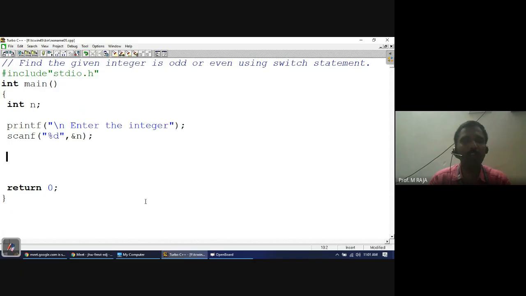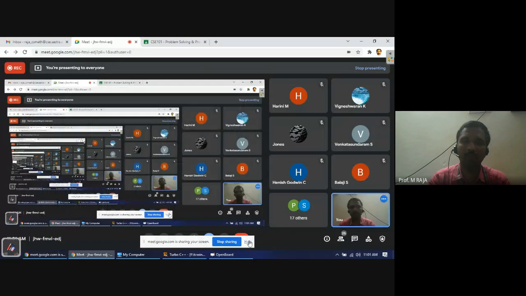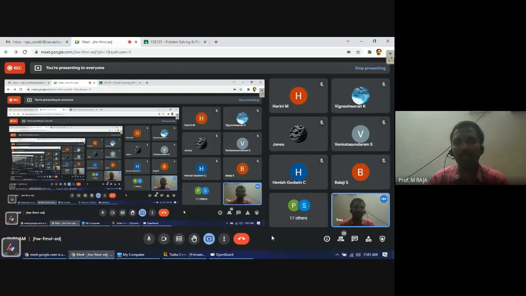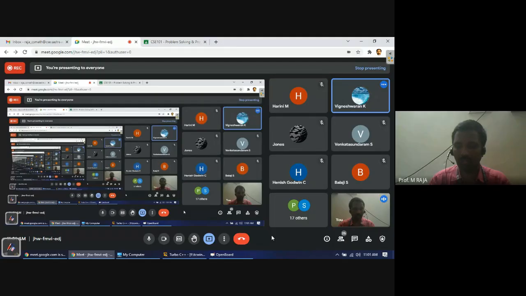Now let us pass the value of n to the switch statement in such a way that n is determined as odd or even. This is the problem. What is the syntax of a switch statement? How does switch work?